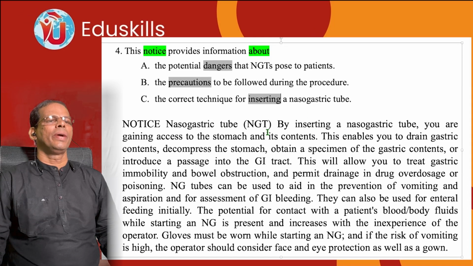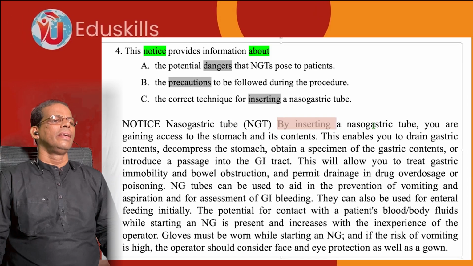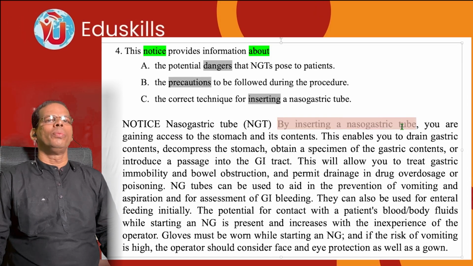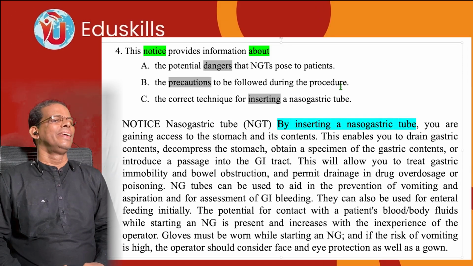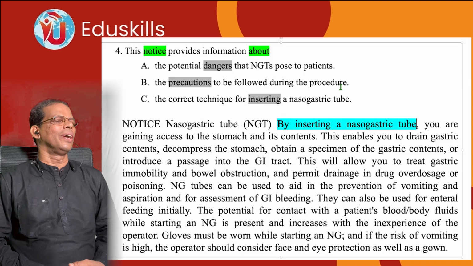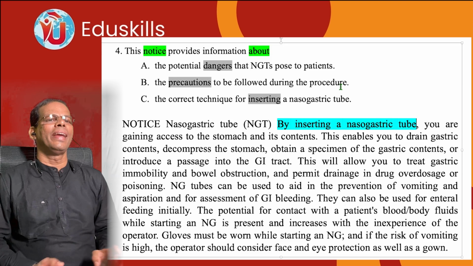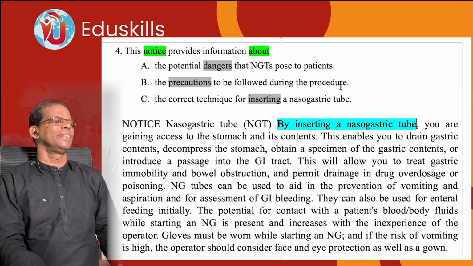See, the very fact, it begins with the statement "by inserting a nasogastric tube." It says inserting is over. They are going to speak about what is going to happen after inserting, right? By inserting a nasogastric tube, you are gaining access to the stomach and its contents.